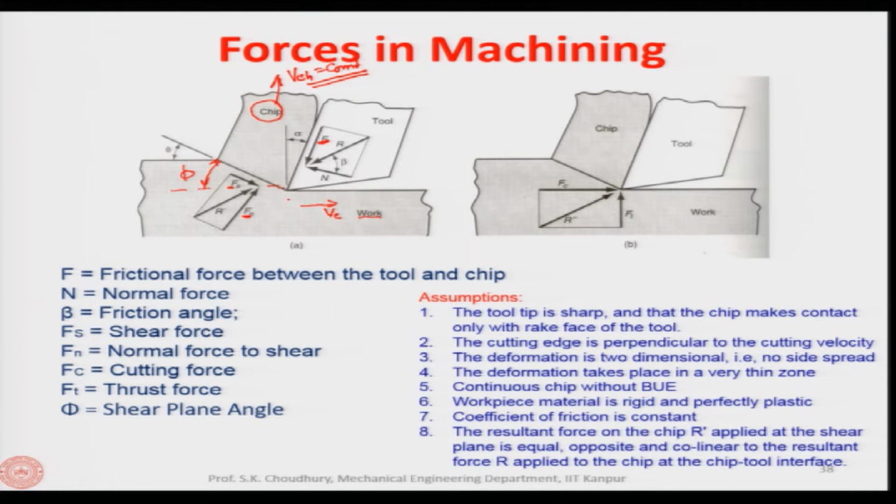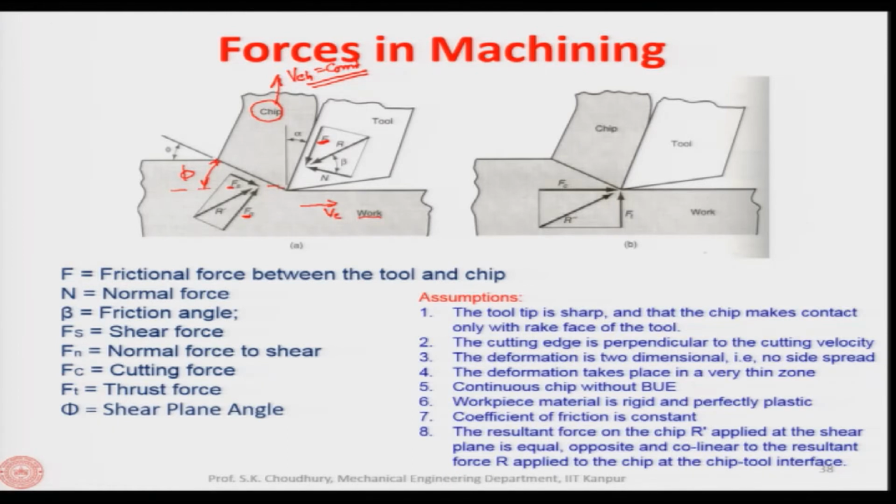Now, during the machining, when the phi is altered, and the alpha, therefore, is altered, in that case the directions of Fs, Fn, F and N will be changed. What I mean to say is that during the machining the power consumption can fluctuate.